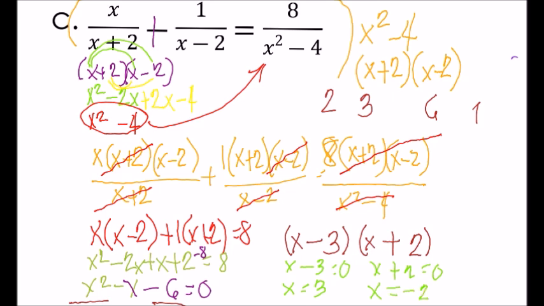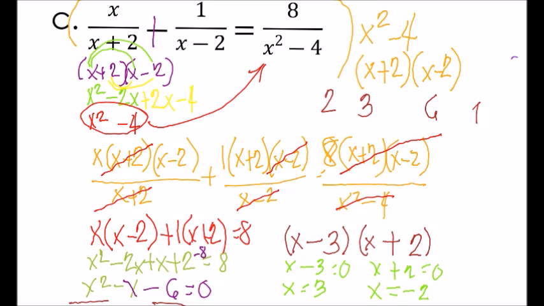Now, the next thing that we're going to do is substitute the values of x in the original rational equation. I forgot to mention that in the first two examples, but we have to do that to find out if we have extraneous roots, or values that make the whole equation undefined. So we simply substitute the values of x in our denominators. If a value makes the denominator 0, then that means it's not part of the solution.